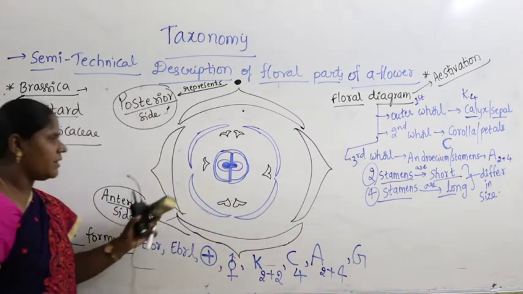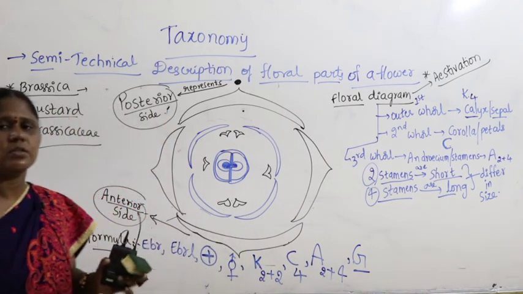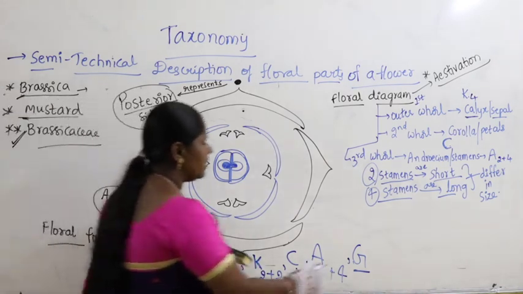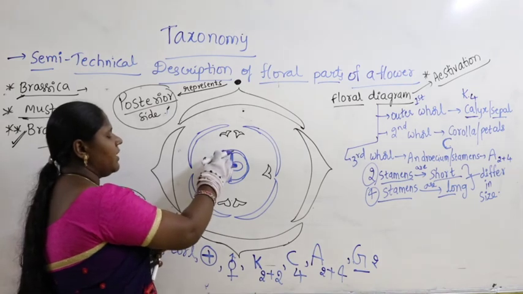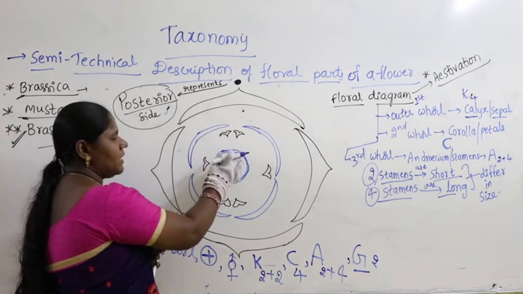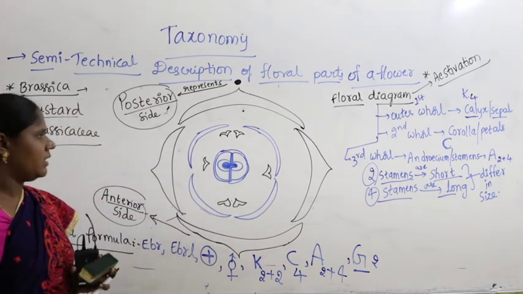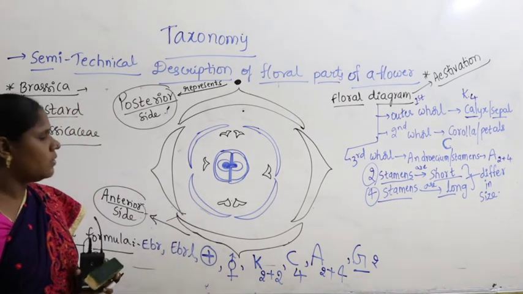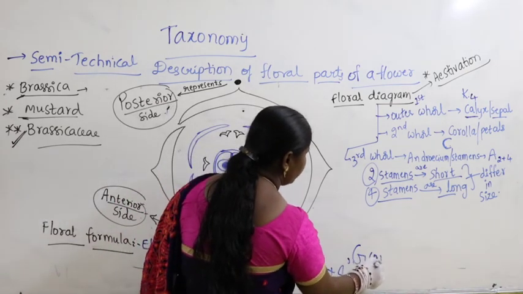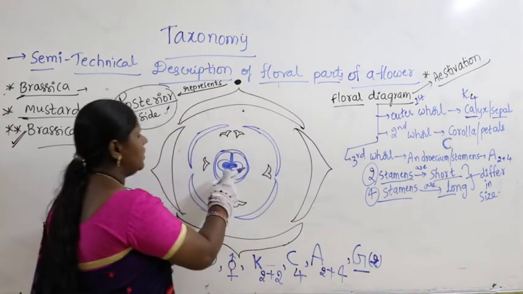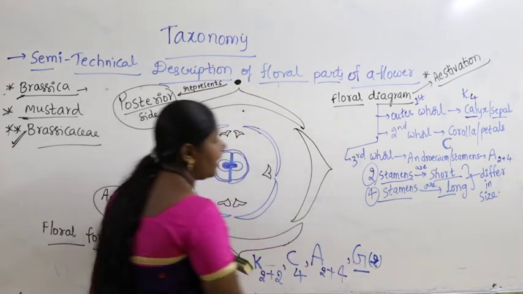Here a down bar says that it is a superior ovary. How many carpels? This is one ovule, this is one carpel, this is another carpel, this is another ovule. How many locules? 2 locules, bilocular condition, 2 carpels.